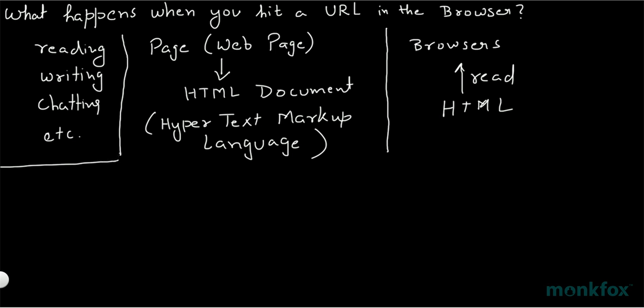When you are trying to access google.com, then you are basically trying to access google.com's HTML page, and this HTML page is basically lying on a machine, or in more technical terms, Google servers.